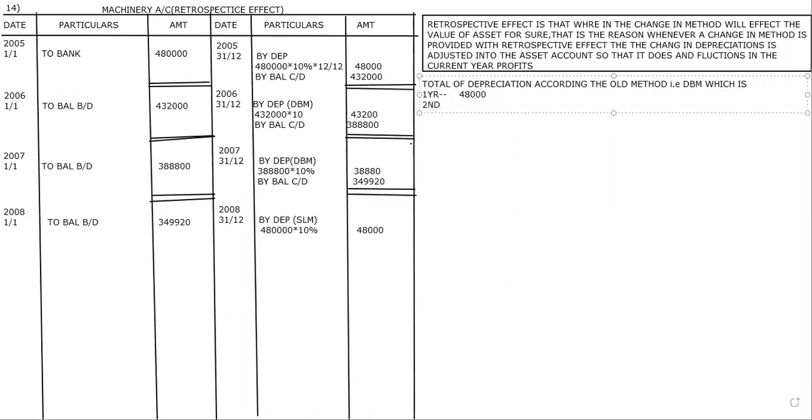Second year depreciation is how much? 43,200. Third year depreciation is how much? 38,880.